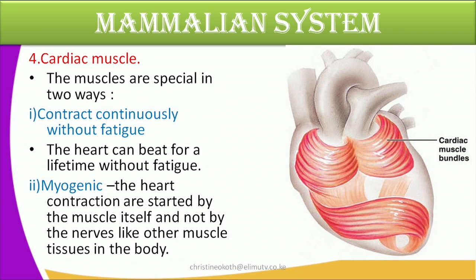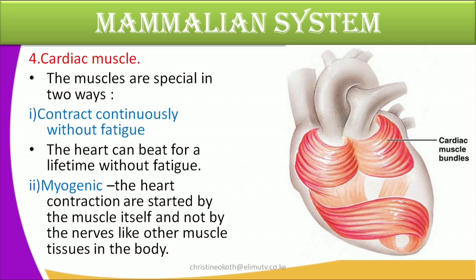Another structure that you will see in the mammalian system, that is the heart, is something we call the cardiac muscle. So there are 2 types of muscle which are found in the heart. If you look at our diagram there, that is where the muscles are located. So the main function, number 1, they contract continuously without fatigue. This is the reason why the heart can beat for a lifetime without getting tired.